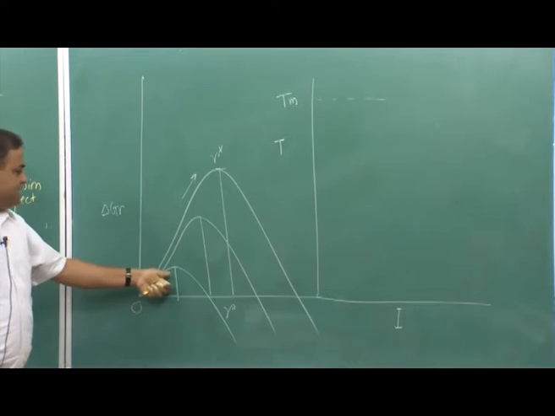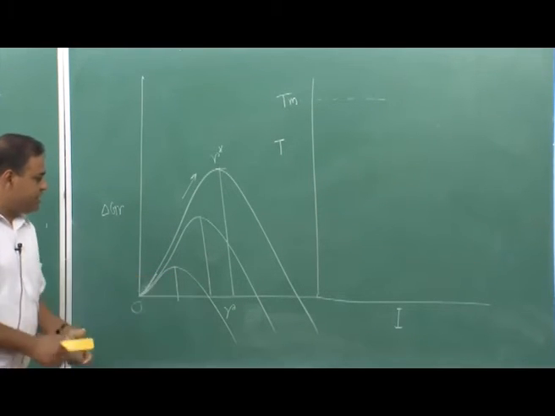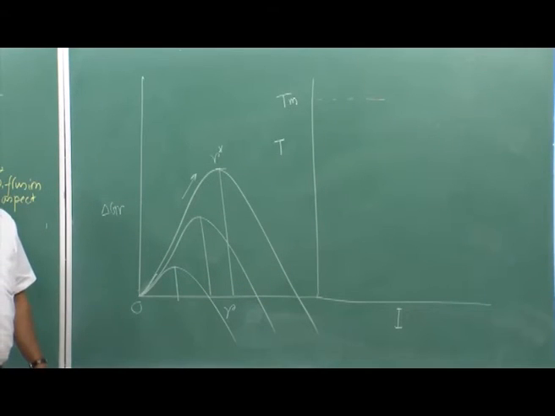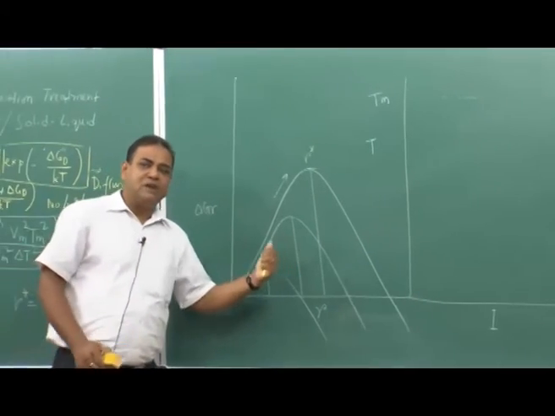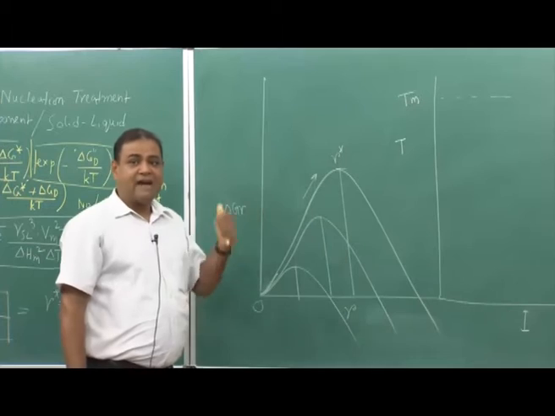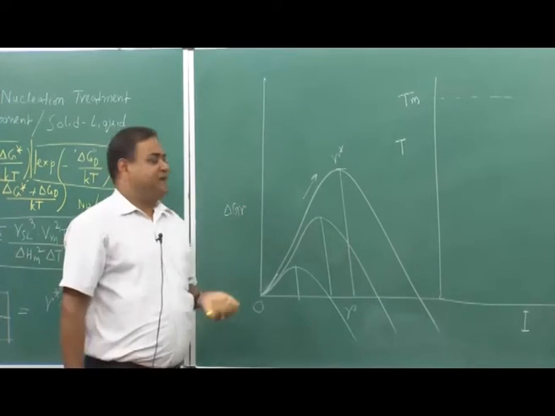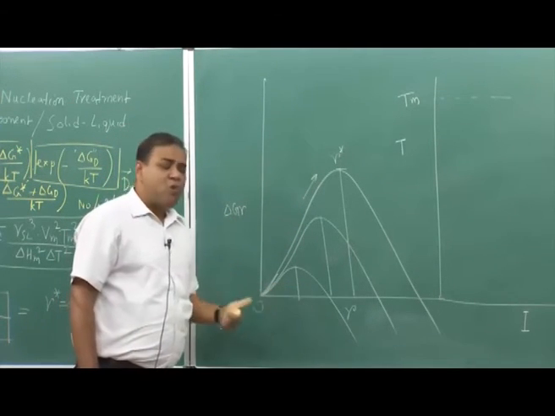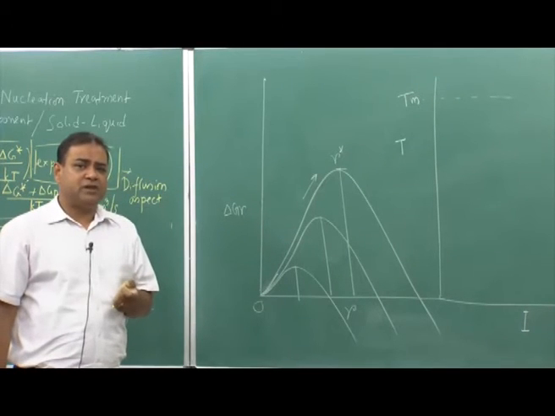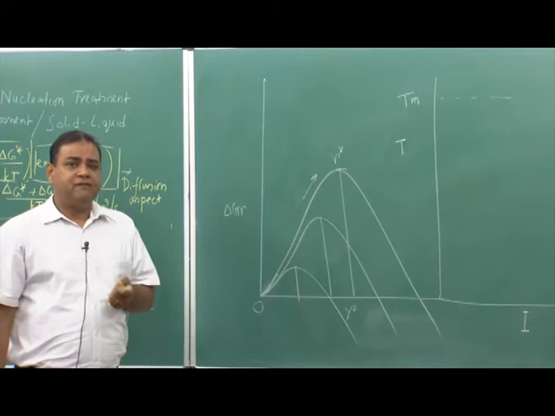So as we are going from here to there, that suggests that delta T is small, that means we are going closer to the melting temperature, and R star is also increasing. So at Tm, R star would go to infinity. That means we get a smaller and smaller R value, that is, a smaller critical nucleus, if del T is more.